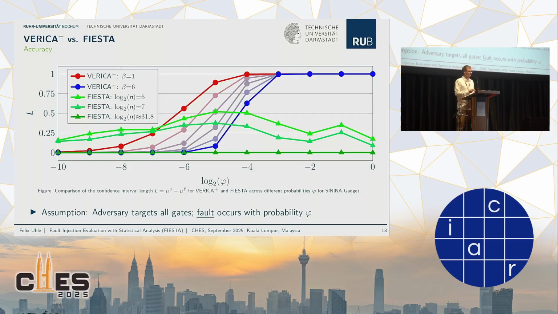And this is a dependency of Verica Plus on the adversary we want to evaluate. So it's not general purpose. The situation is the same for IronMask Plus, as they use the same technique. So no difference here. In our case, for Fiesta, you can see we do not have such a case. For the light green line we have a 0.5 size of the confidence interval, which is quite huge.